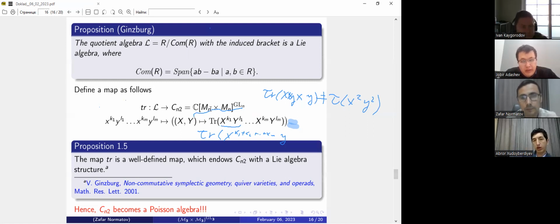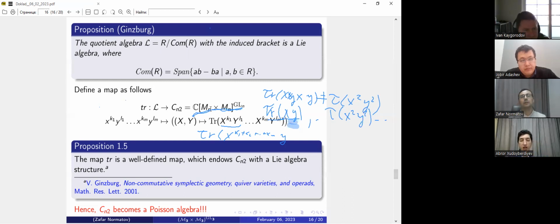Элемент это отображение, которое отображает пары X, Y на число.